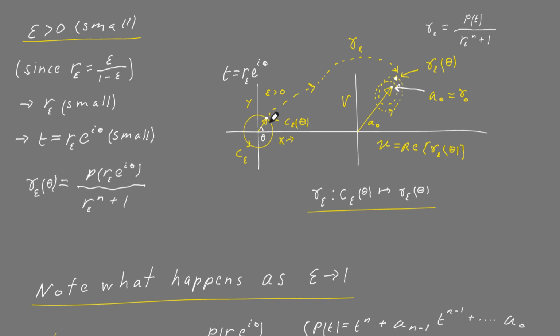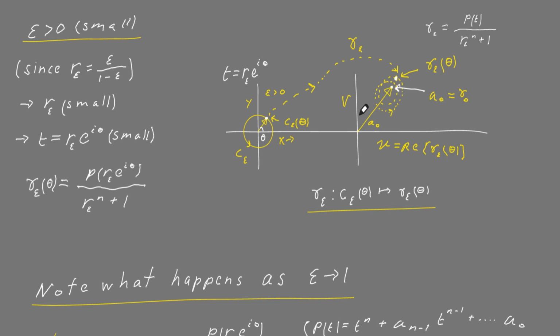But then as epsilon tends towards 1, this circle is going to tend towards infinity, and this loop over here is going to converge to a unit circle over here. And during that process, this loop has got to pass through the origin at least one time. And when that loop passes through the origin, gamma is going to be equal to 0. And when gamma is 0, then p is 0.